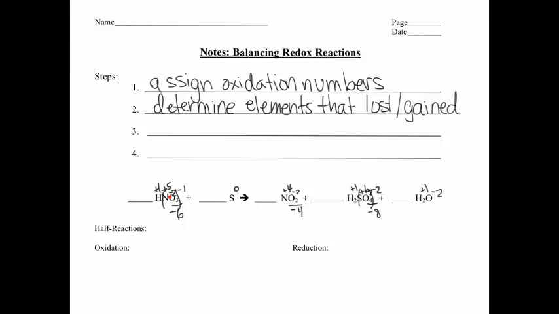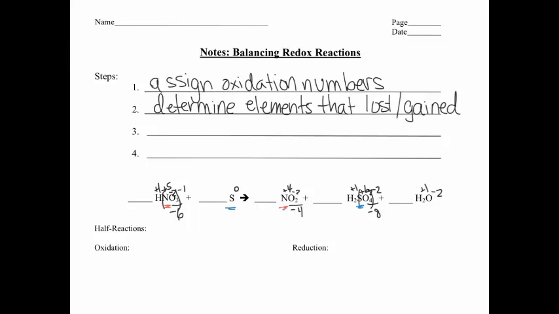Oxygen here is -2, -2, -2, -2. So it's not oxygen. And then sulfur is 0 and +6. So there's our other one that changed, was sulfur. So we have nitrogen going from +5 to +4, and then sulfur going from 0 to +6.